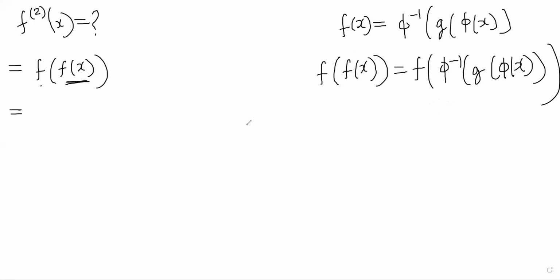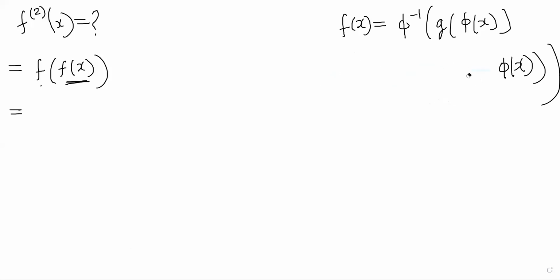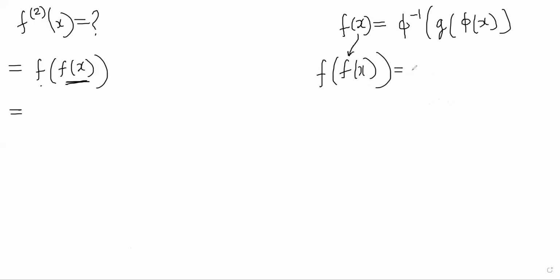Okay, again, this is the same thing that I had done before. I want to do a slightly different thing. Instead of x, I want to put f of x. So I substitute f of x instead of x, and this becomes phi inverse g of phi of f of x. I wanted to do it inside out rather than outside in.